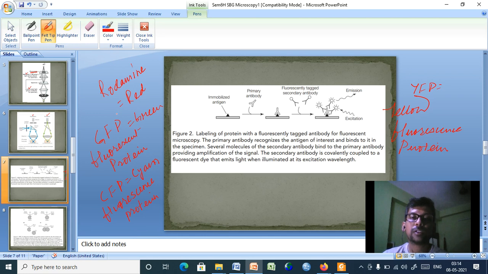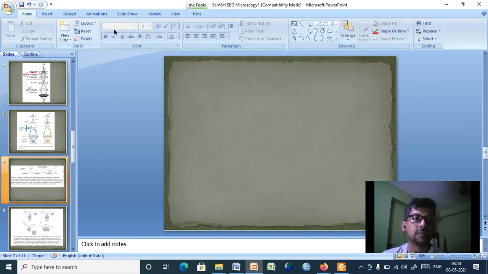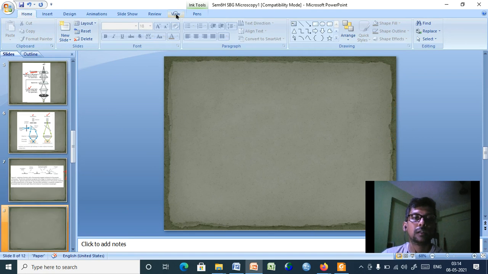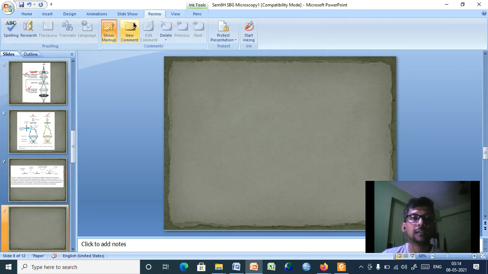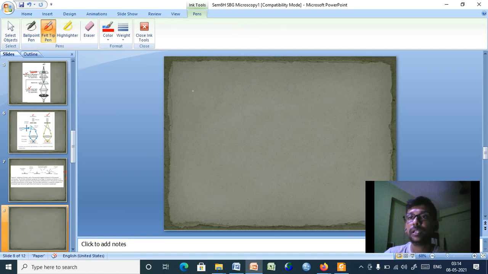And in fluorescence microscopy, there are two specialized techniques we have to study. The first one is known as FRET, or fluorescence resonance energy transfer.